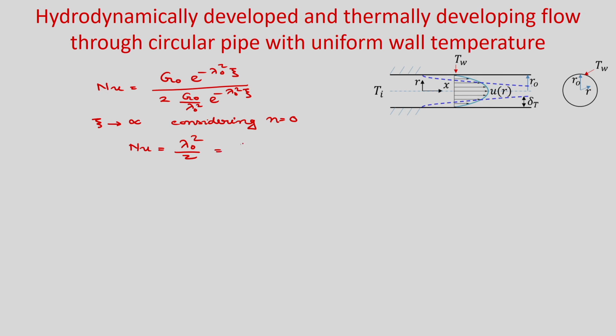So it will be 2.7043 square divided by 2, which is 3.66.